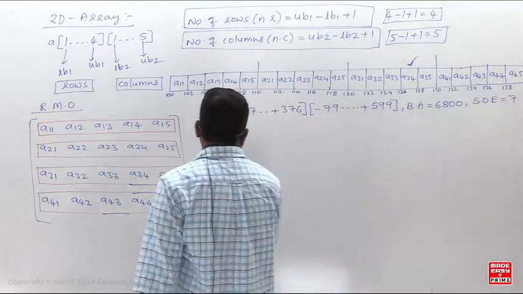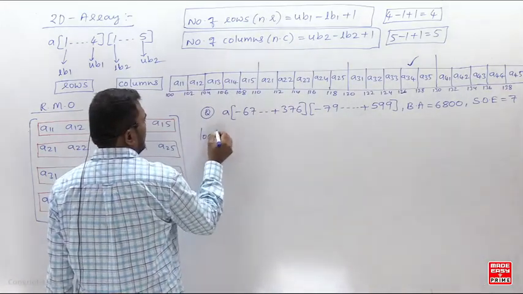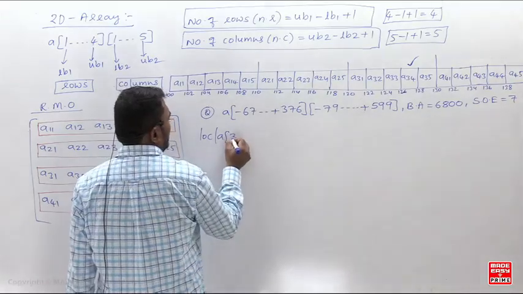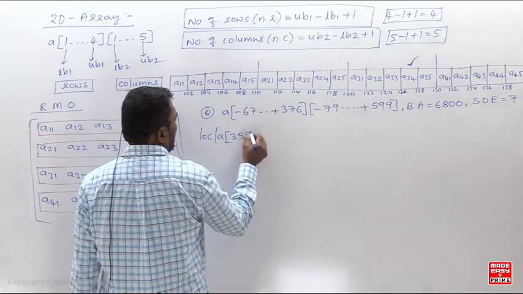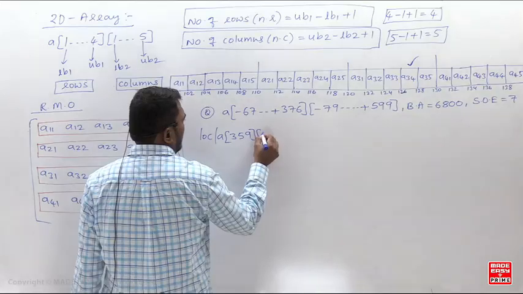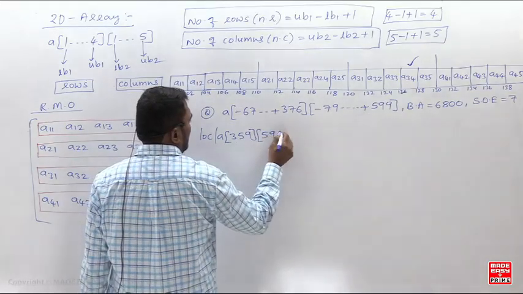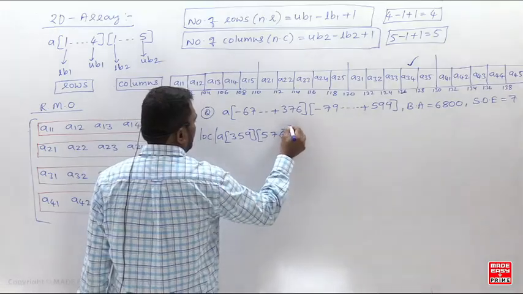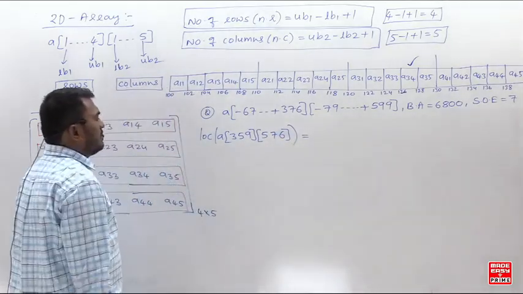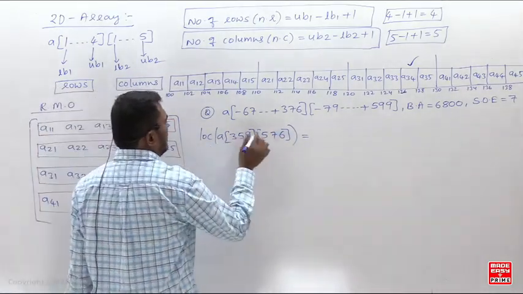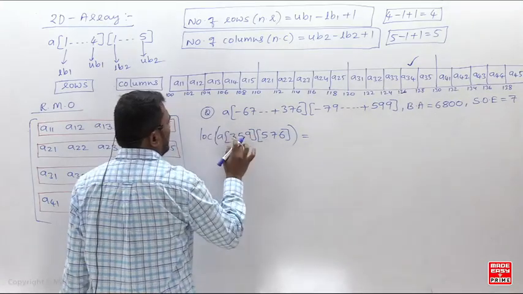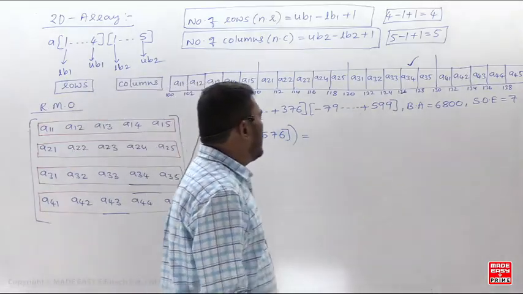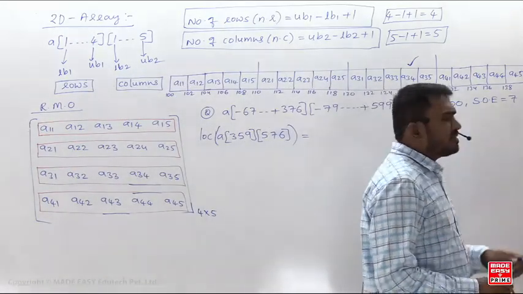Now find out the location of A of 359, 576. Find out the location of A of 359, 576. Base address is given as 6800, size of the element is 7.